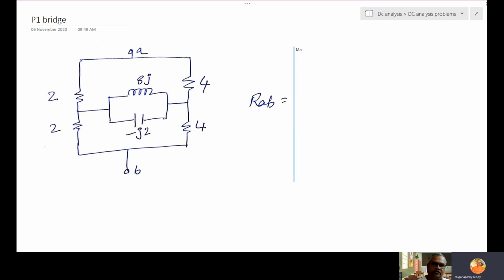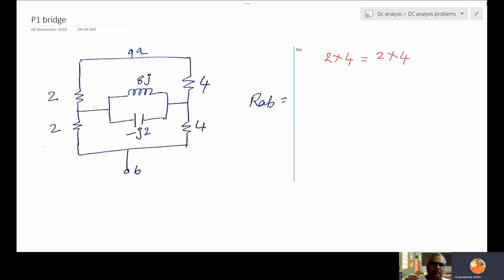The simple technique is, if you observe, 2 into 4 is equal to 2 into 4. So the product of opposite arms is equal. Therefore, the bridge is balanced.